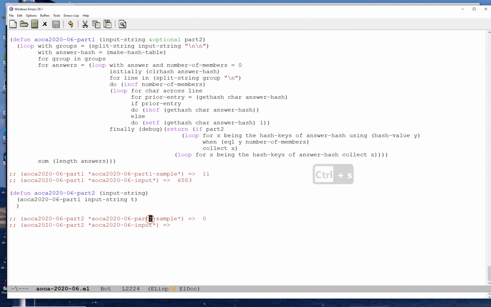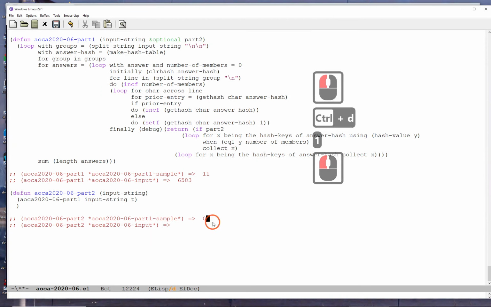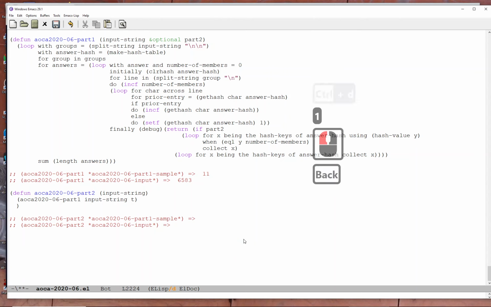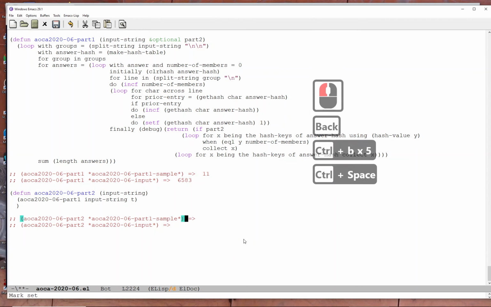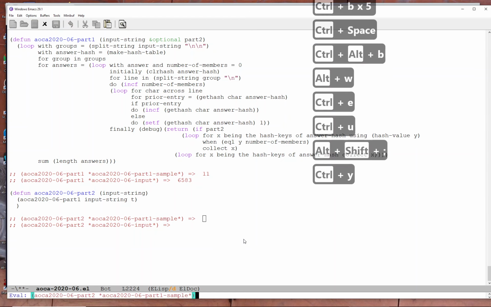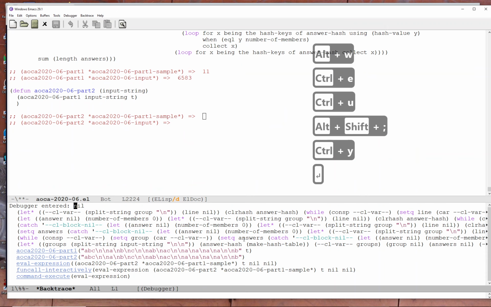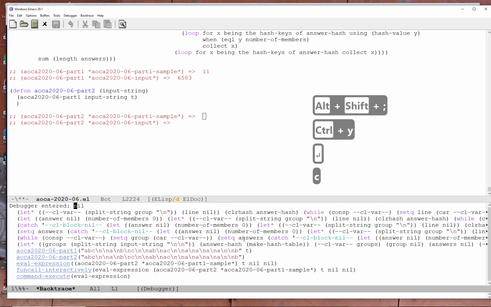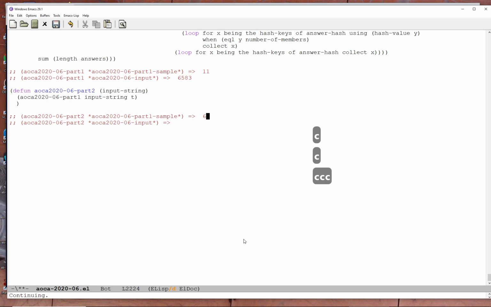Oh, part 2 sample. Silly me. I think that was maybe the problem. There was nothing in there, and 0 is the appropriate answer for nothing in there. Continue, continue, continue, continue, continue. 6. So that is in fact the right answer.